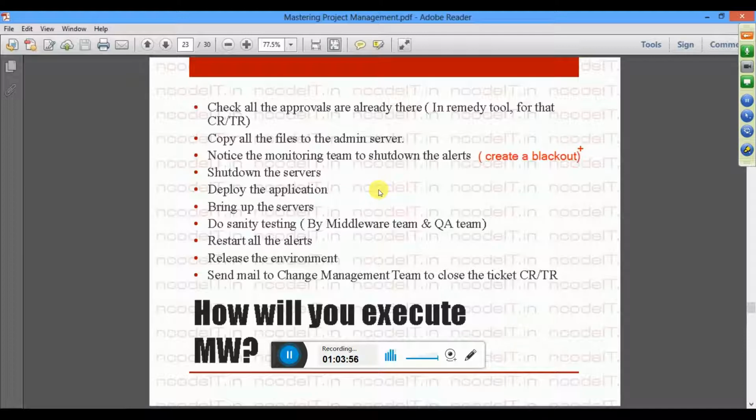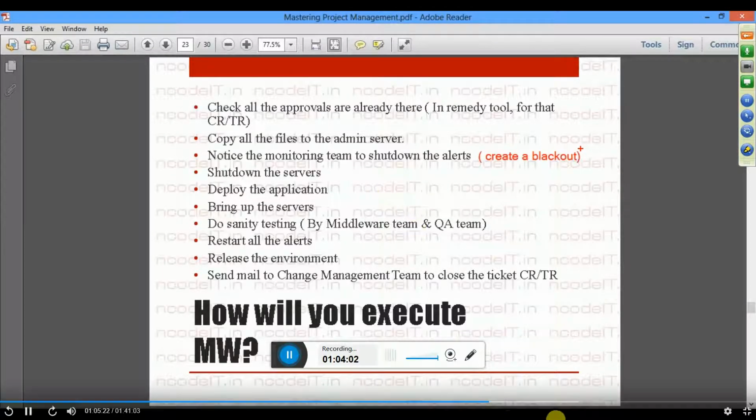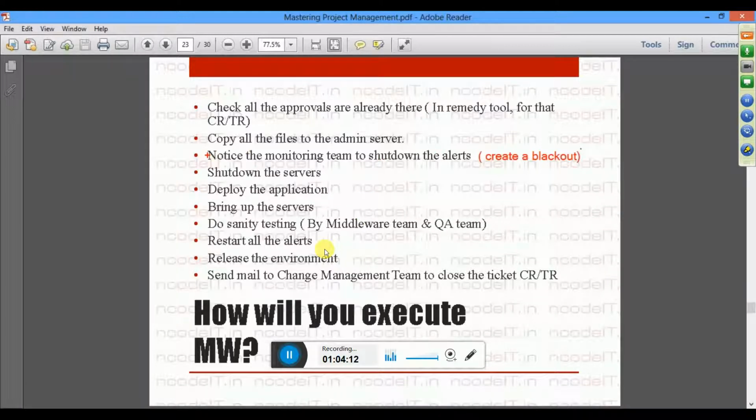All that we get is a URL, a read-only URL, meaning we can see the dashboards, that's it. If we want to stop the alert, we can't stop it. The blackout has to be created by the monitoring management team.